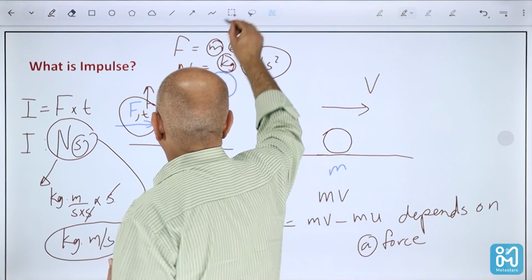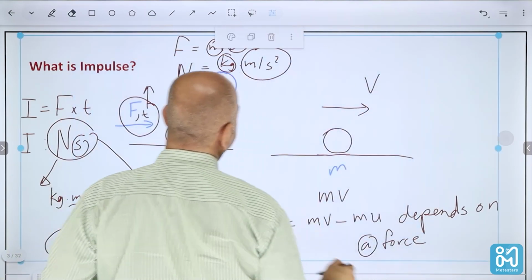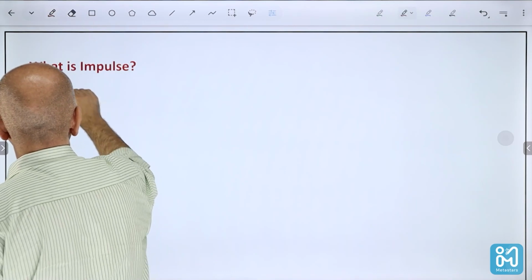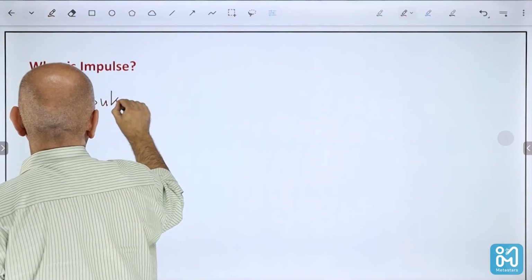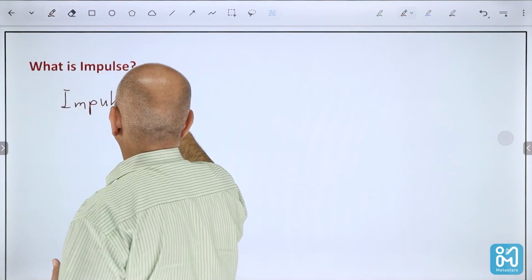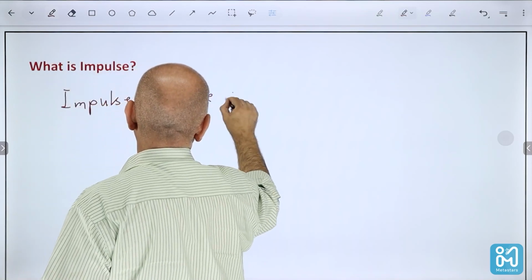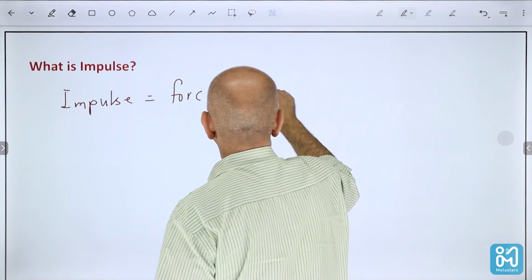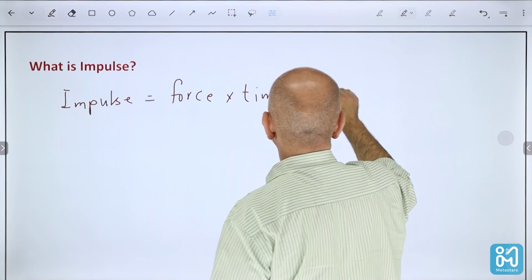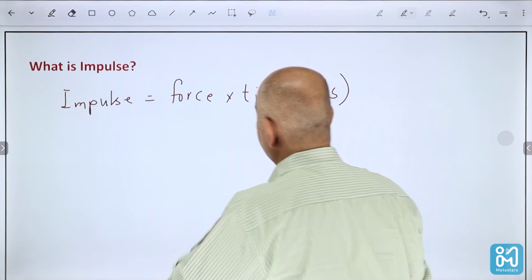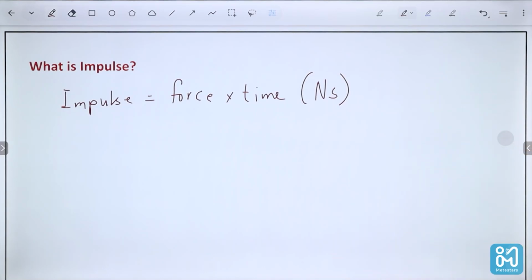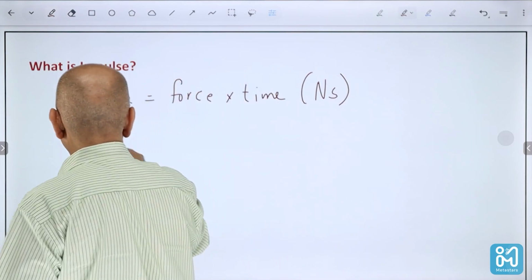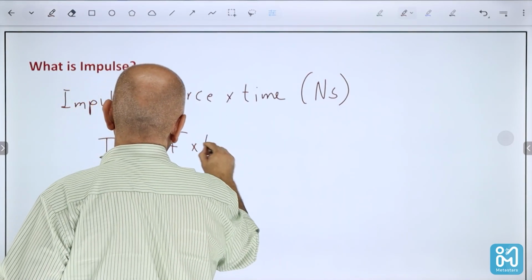All right. Now, so far we have learned that impulse, which means the push, can be determined from force times time. And the unit for impulse is Newton second, which is the same thing as the unit for momentum, which is kilogram meter per second. So impulse equals force times time.